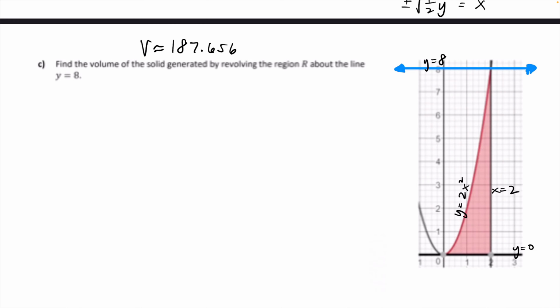It's a horizontal line. Going back to horizontal, so it's a dx. Okay, so we got volume equals pi, capital R minus little r dx.